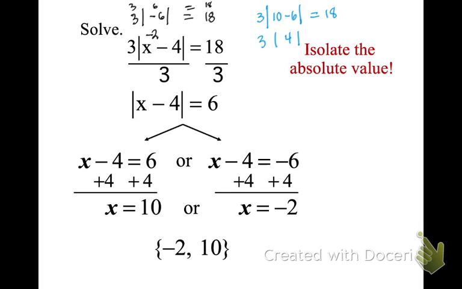Now remember, we have to take the absolute value before we can multiply. I can't multiply 3 times the absolute value. We have to get rid of it. So the absolute value of 4 is 4. Now I'm ready to multiply. Oh, that doesn't work. Oh, it was negative 2. That's why.